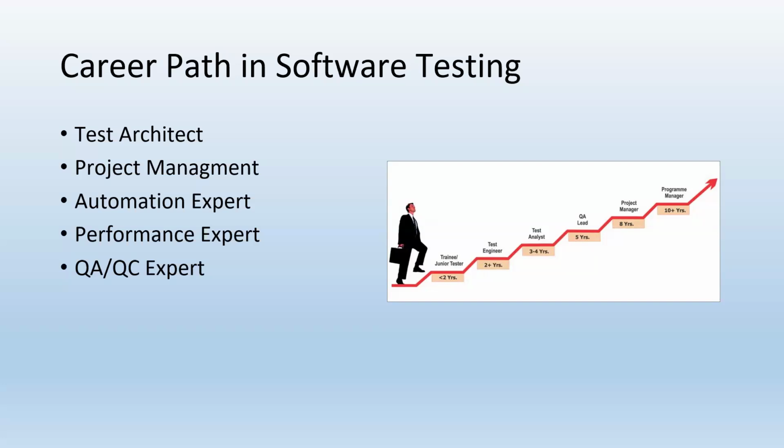By doing manual testing, you can create a test plan, and a requirement traceability matrix. All of this we can create while doing manual testing. These are the responsibilities of a test architect.